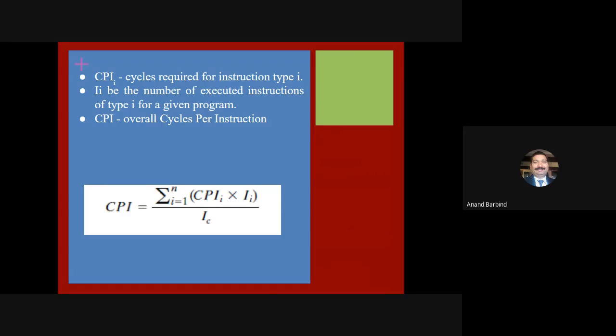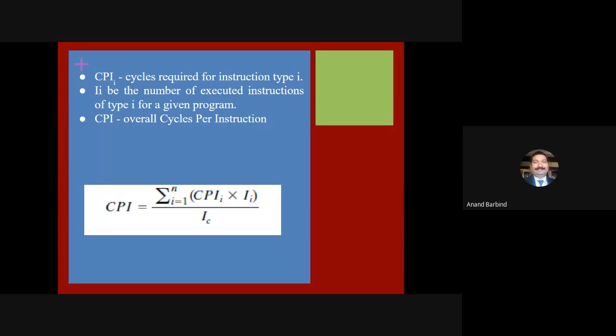The first parameter we have seen is the system clock. We can evaluate the performance by using the system clock, but that is a very basic parameter for evaluation of the performance of the computer.